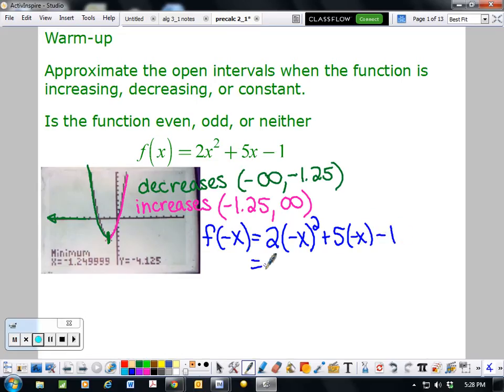Negative x times negative x gives me positive x squared, so this turns into 2x squared. 5 times negative x is negative 5x, and then minus 1. Now to tell if it's even, I compare this to our original equation. If they are the same, then it is even. It looks like they're almost the same except for the sign in front of the 5x. So this is not even.